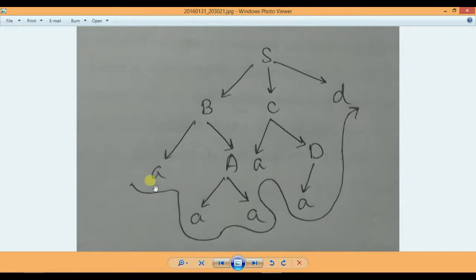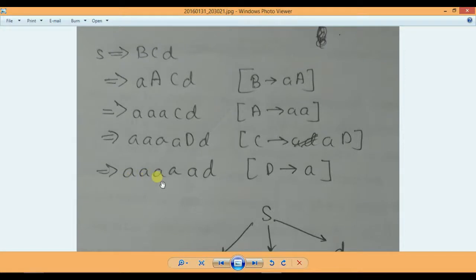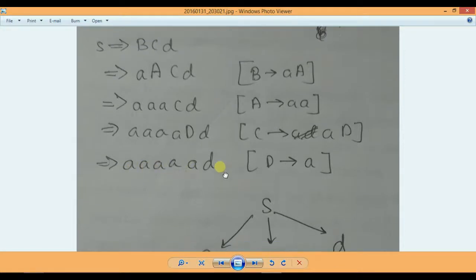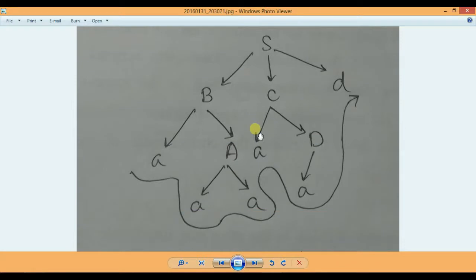So if you connect the leaf nodes one after the other from left to right, you observe that we get small a, small a, small a, small a, small a, and small d: five small a's and one small d. This was our string, and in this way we reach the string. We derive the string from the parse tree. So the parse tree is also known as a derivation tree.